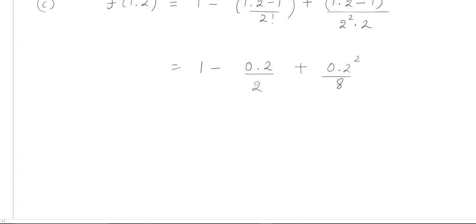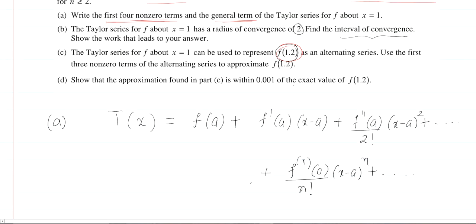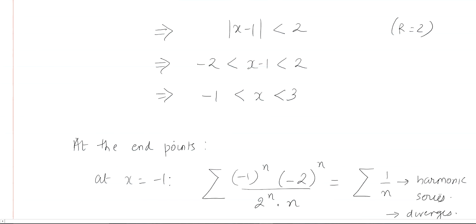The last part of the question asks you to show that the approximation is within 0.001 of the exact value of f of 1.2. This is where we'll use Taylor's formula for the error.